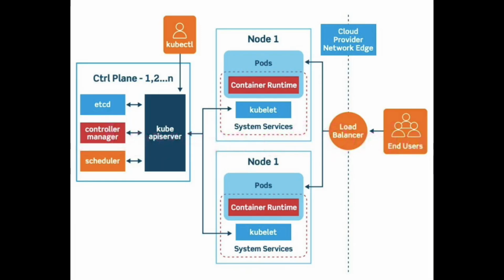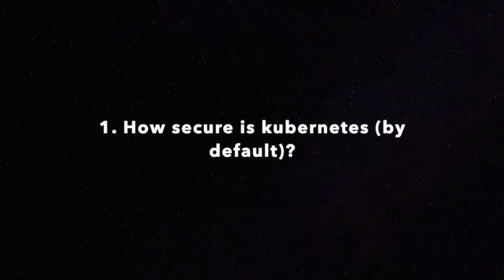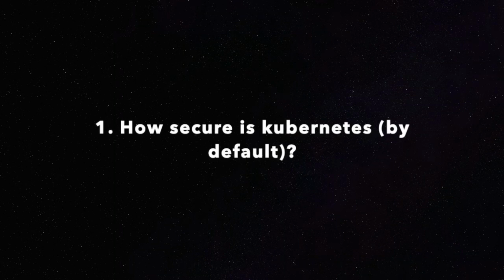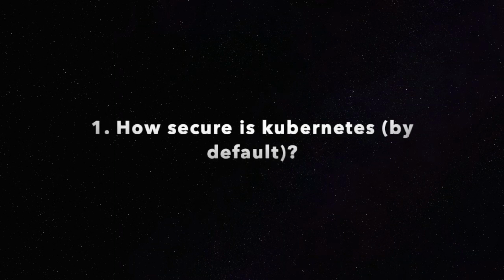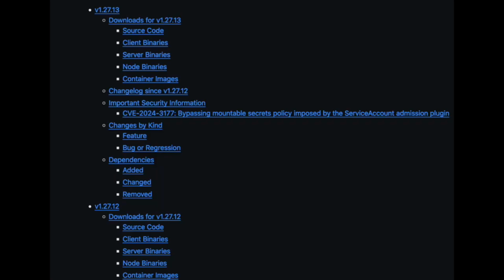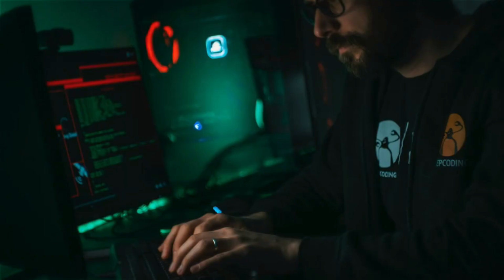Okay, so let's start with how secure Kubernetes is by default. It is designed to be secure with every release, with every changelog. If you look into it, there are security mindsets, there are security-related fixes coming in, and there are researchers working on Kubernetes internally and externally.